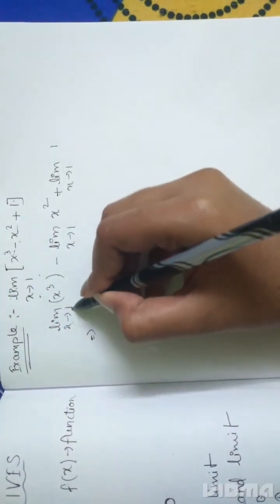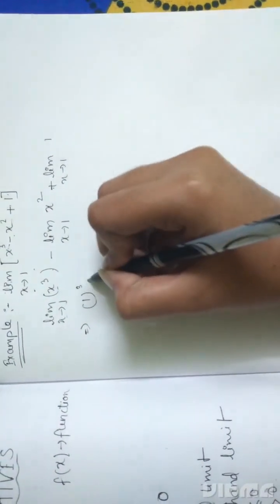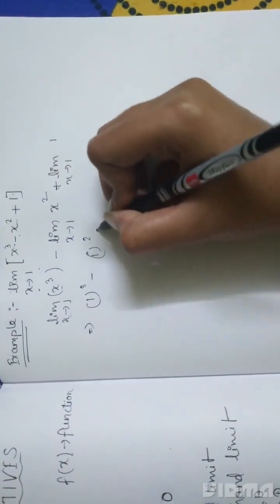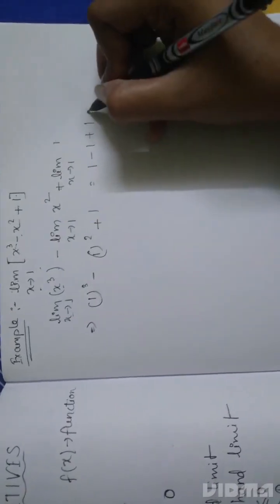Now x tends to 1. So substitute it here: 1 cube minus 1 square plus 1. 1 minus 1 plus 1, it is 1.